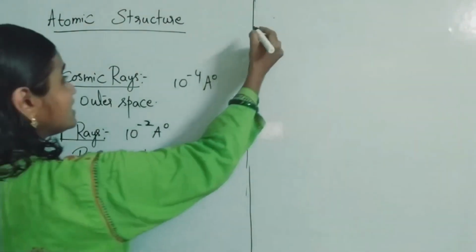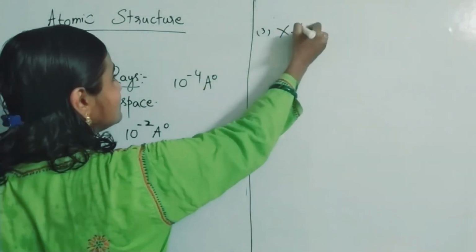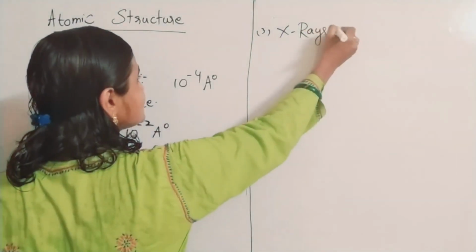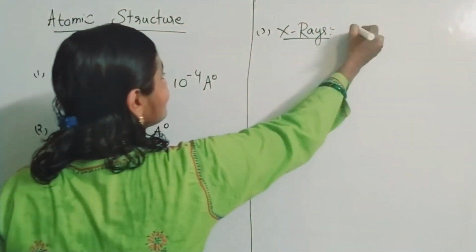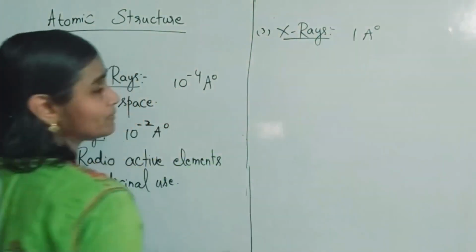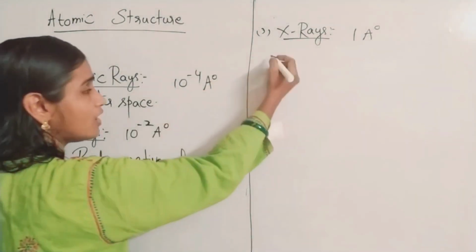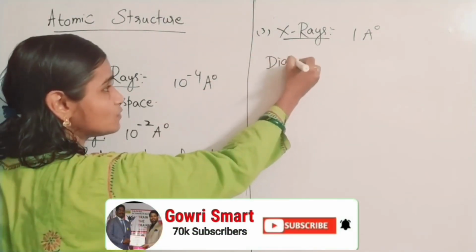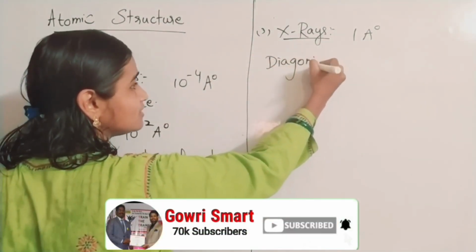So gamma rays, after that what? X-rays. X-rays have a wavelength range of about 1 angstrom, and you all know these X-rays are used for what? Diagnostic purpose.